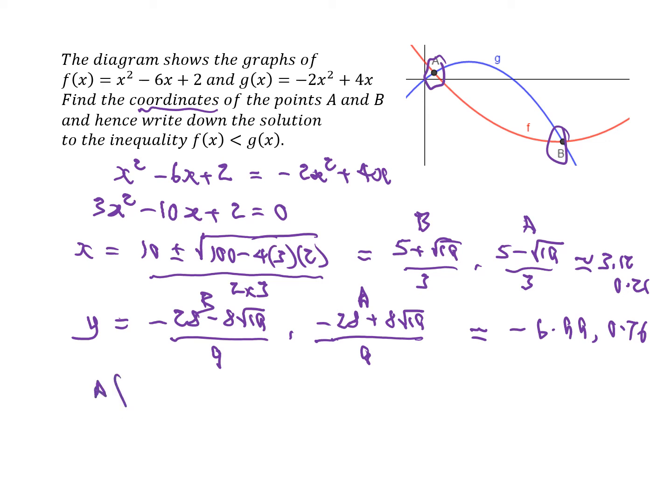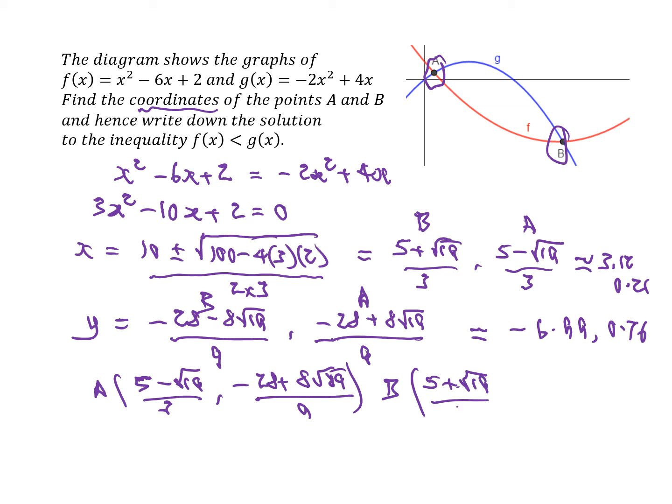A is the point 5 minus root 19 over 3, minus 28 plus 8 root 19 over 9, and B is the point 5 plus root 19 over 3, minus 28 minus 8 root 19 over 9.